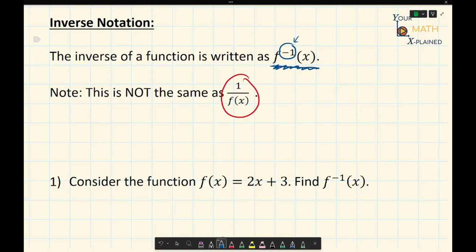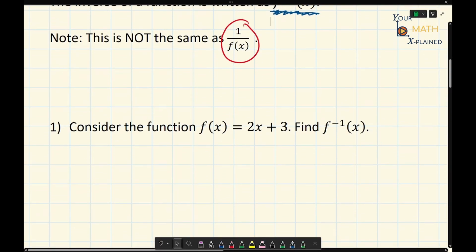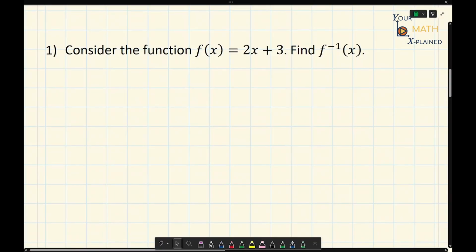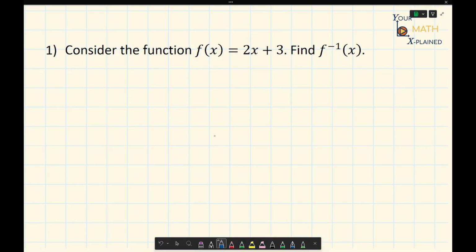So now let's take a look at an example. We have our function f of x, and it's equal to 2x plus 3. And we wish to find the inverse function, f inverse of x. So how do we go about doing that? Well, to start, what you do is you swap your x and your y value.